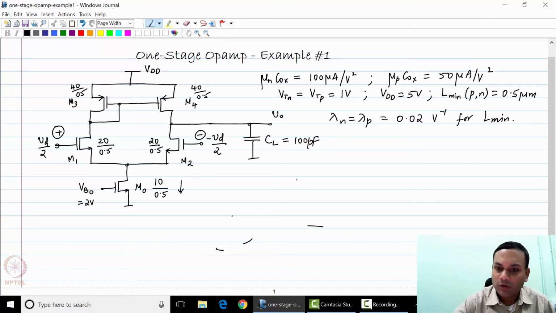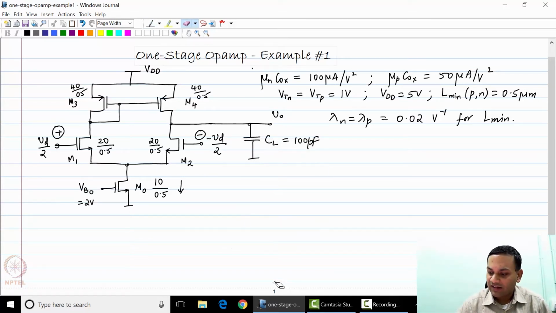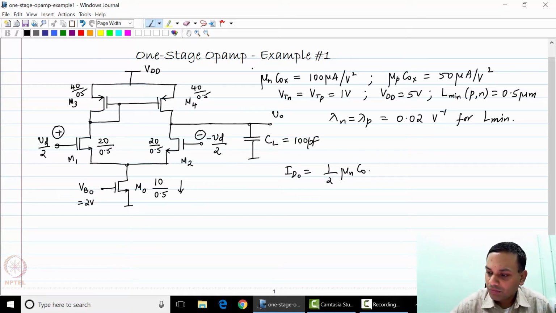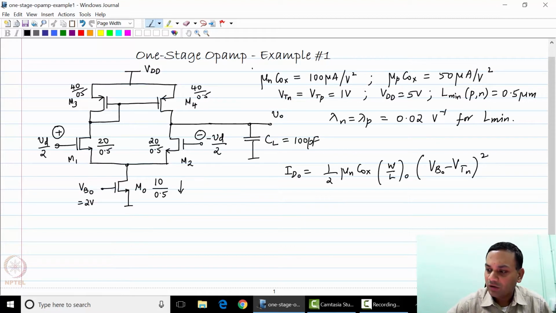Now, the first thing we will do is to find out the value of the current through M0, which is ID0. That current is as follows. ID0 is half mu N Cox W over L of 0 into VB0 minus VTN the whole square.